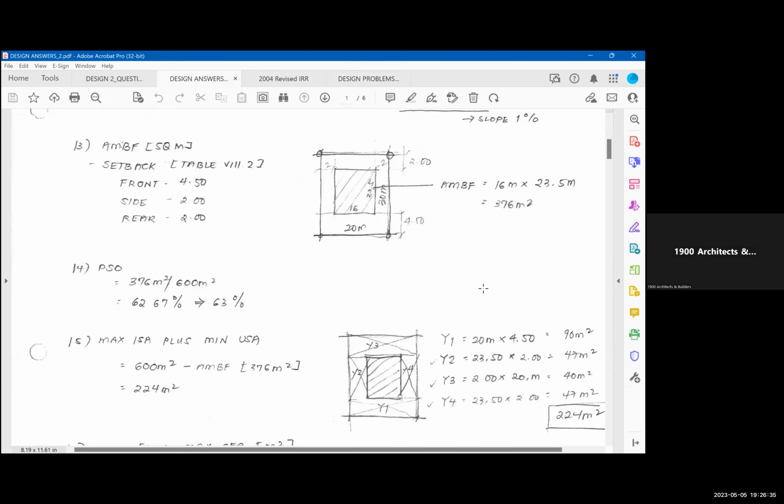So, yung Y1, Y2, Y3, and Y4. Makikita nyo rin yan sa table. Wait, let's check ko lang, ha? If you check figure 8.1, so rule 8. So, nandito naman yung computation ng ISA and the USA. May formula yan dito.